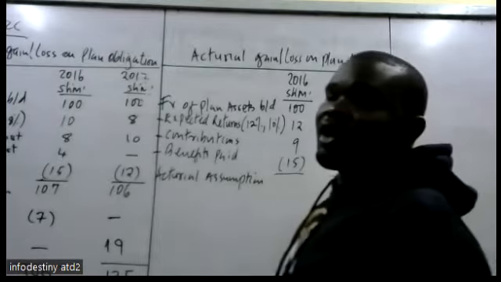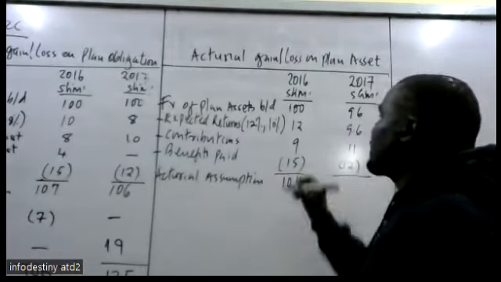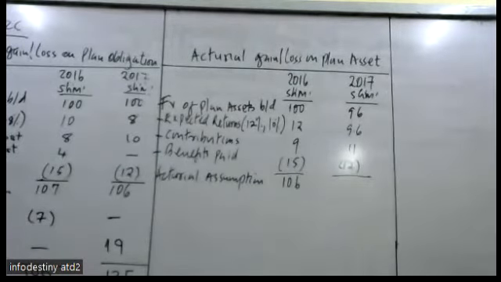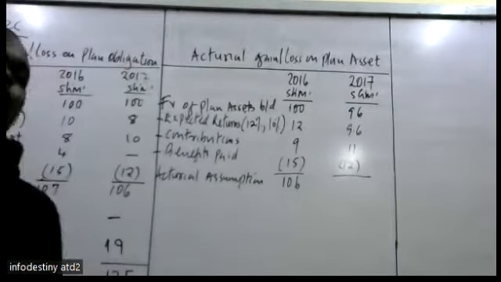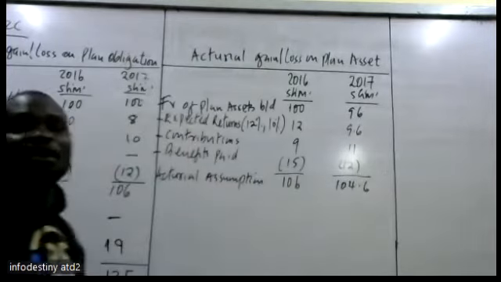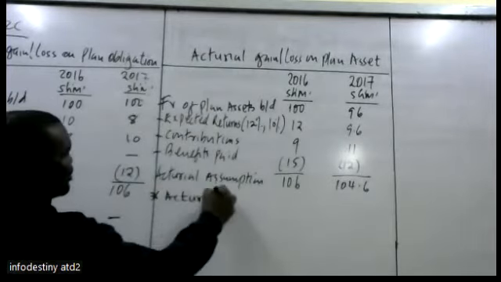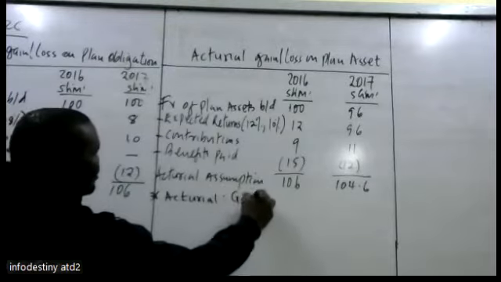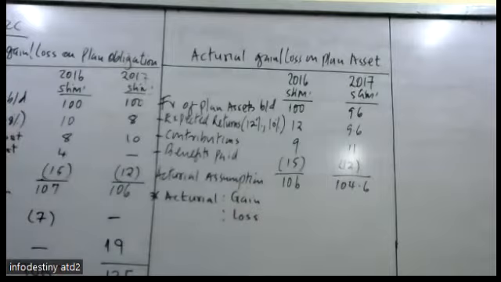Which one is there, the second one or first? 106. The first one, 106. How about the second? 104.6. Of course, we know the balancing figure will either be an actuarial gain or loss.